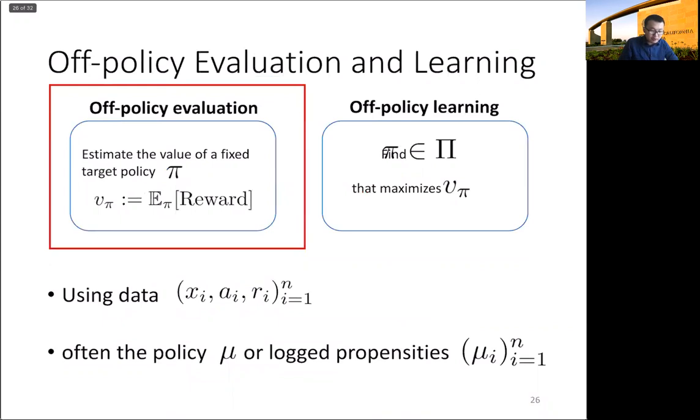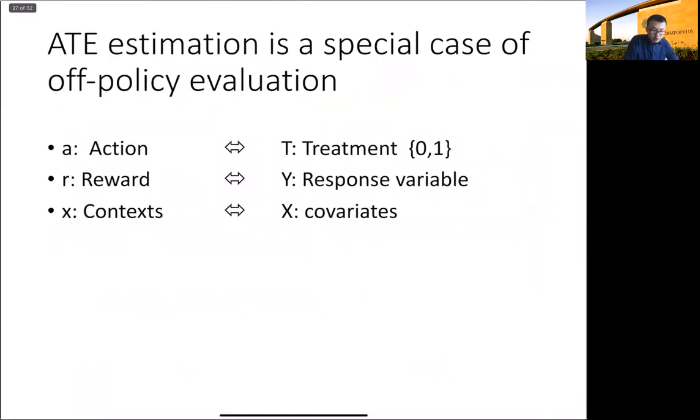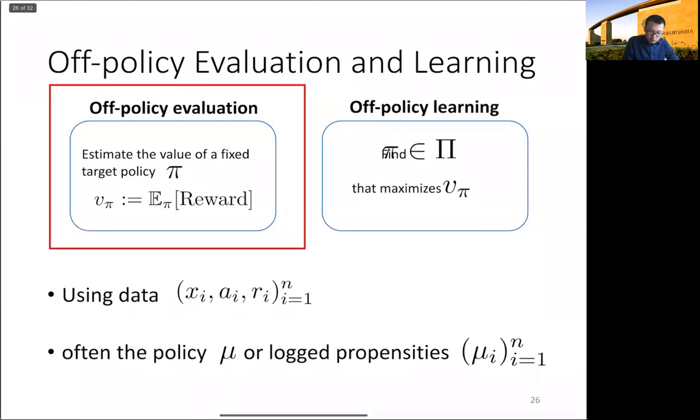Okay, so that's the setting. In off-policy evaluation, we are hoping to use the aforementioned data collected by running the logging policy mu to estimate the value of the target policy pi. This is what we're going to be focusing on. Sometimes you don't have access to the logging policy mu, but rather you have access to the sequence of propensities, by which I simply mean the probability of choosing action a_i.